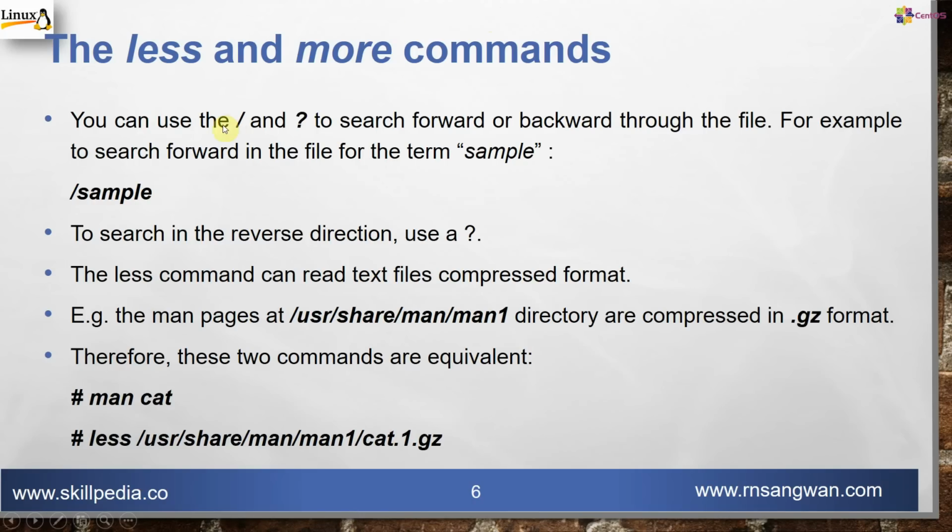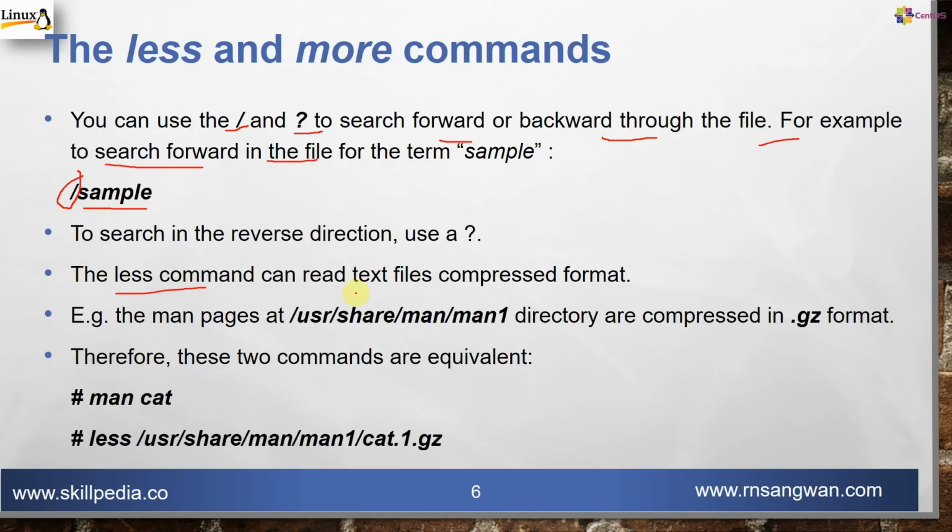You can use slash, that is forward slash, and question mark to search forward or backward through the file. For example, to search forward in the file which you have opened using the less command, you can use slash followed by what you want to search. To search in the reverse direction or backward, you can use question mark.